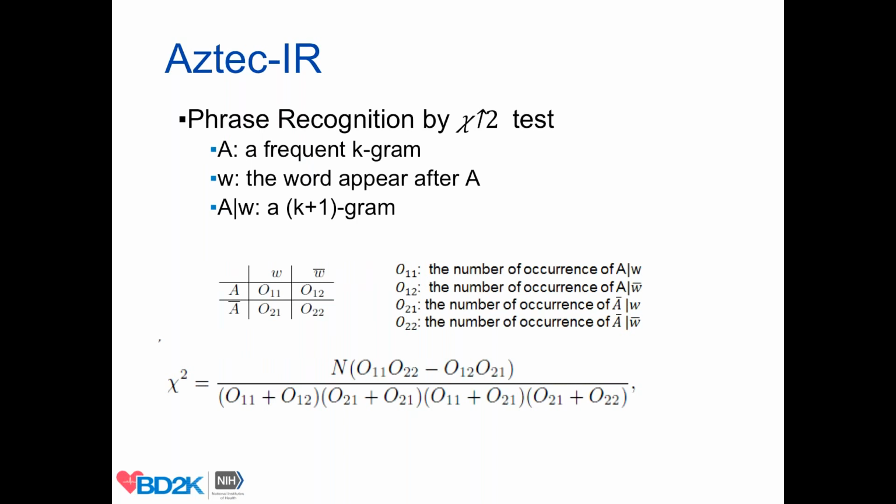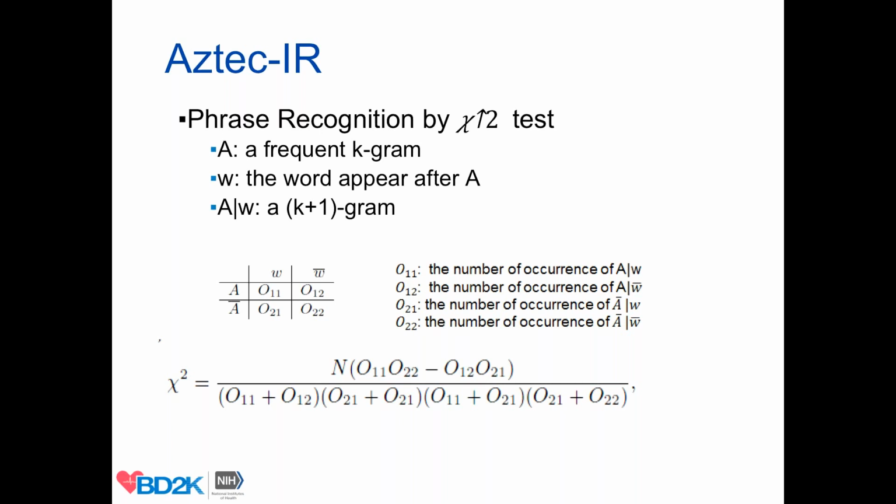After we send corpus 1 into the system, it will first be tokenized. Then the system will combine words into phrases. The chi-square test is utilized in the phrase recognition step, which is a classic statistics-based phrase mining approach.